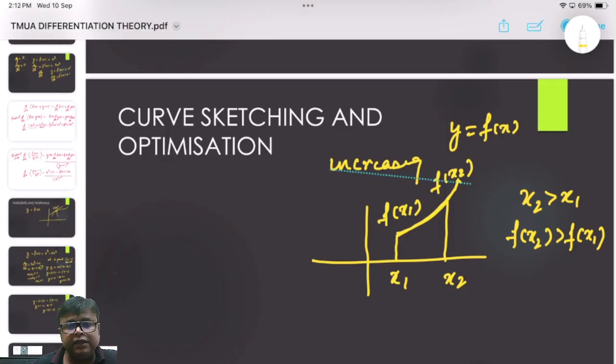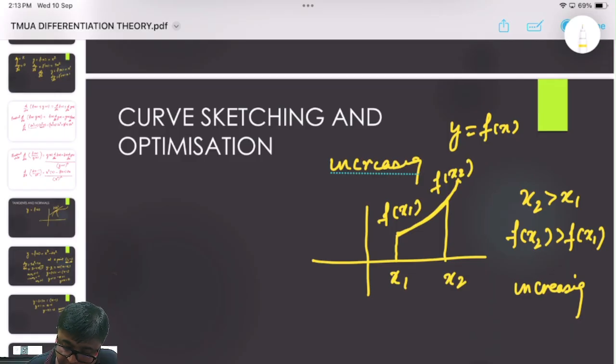So on increasing the x value, if the y value also increases for a curve, then in that part of the curve, the function is said to be increasing. That's one way of understanding it. But how do we associate it with differentiation? That is very, very important.